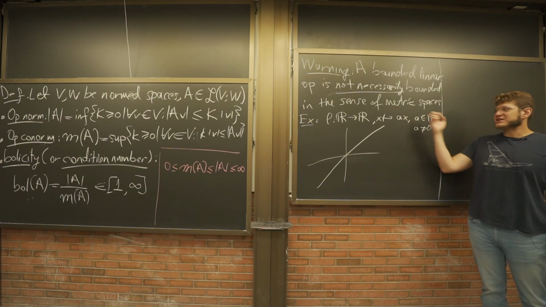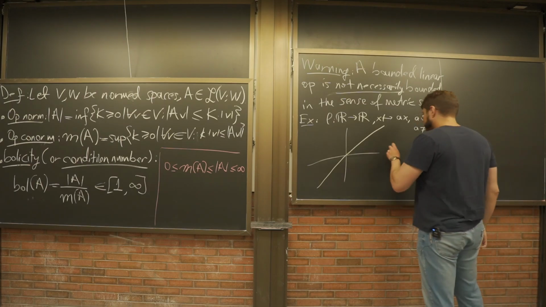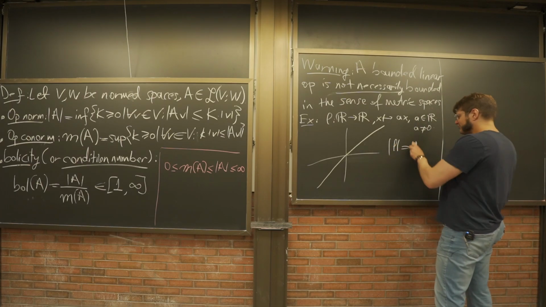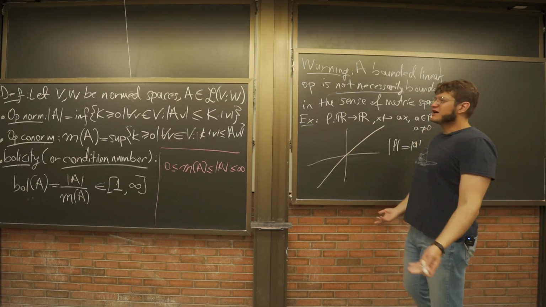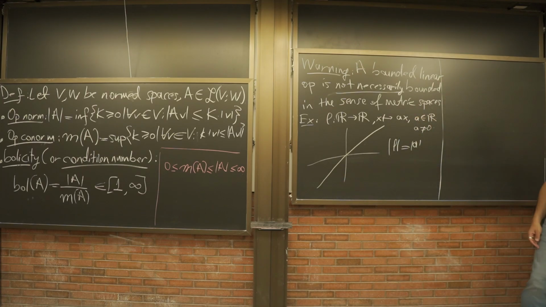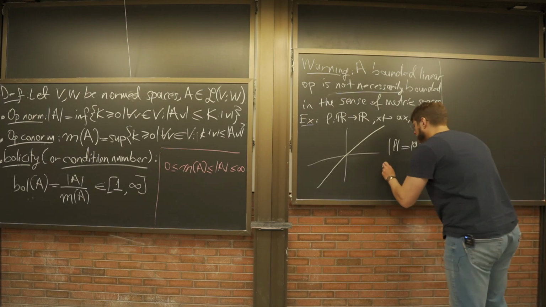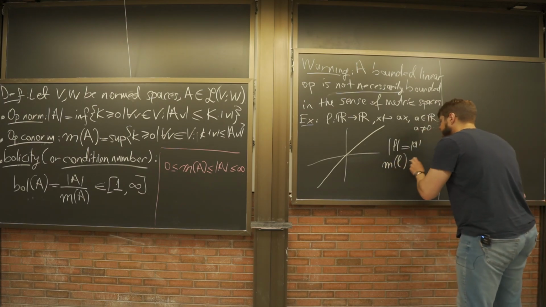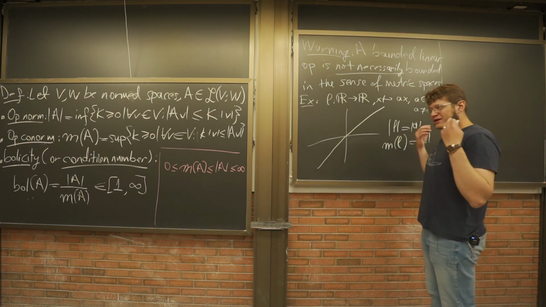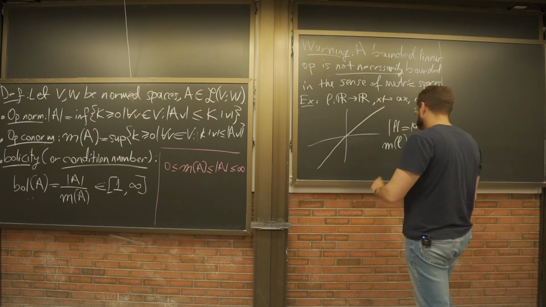What is the maximum stretch? It's a. In this case, the operator norm is a, in absolute value, of course. What is the operator conorm? What is the maximum shrinkage? It's again a. And what is the bolicity? It's 1. So it's the best situation.